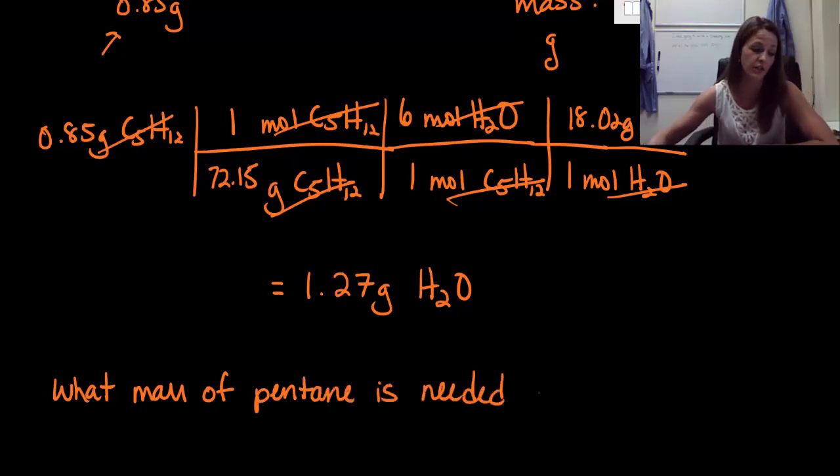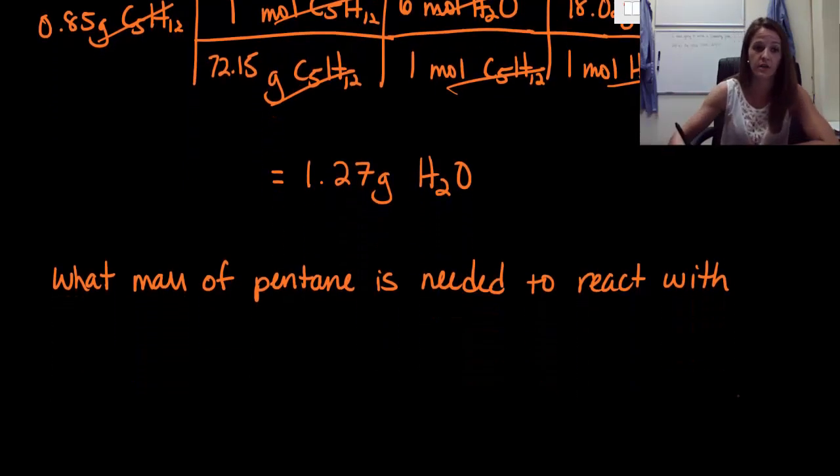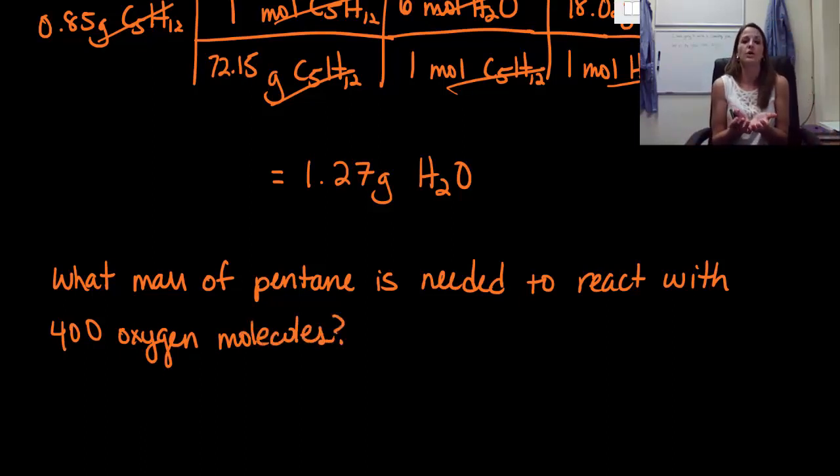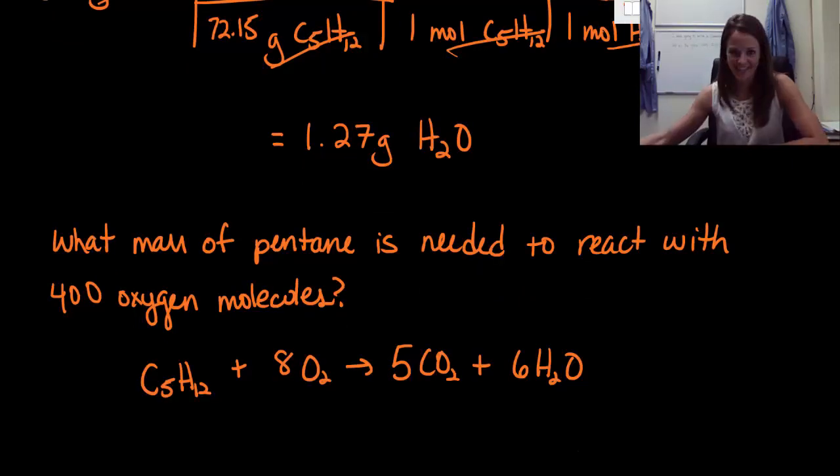We're doing a back calculation to react with 400 oxygen molecules. So for this example, we're saying we have 400 oxygen molecules in lab. We're trying to determine exactly how much, so in grams, what mass of pentane is needed to fully react with the oxygen molecules. Go.